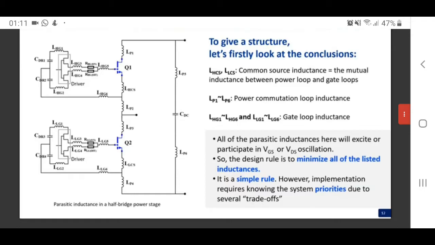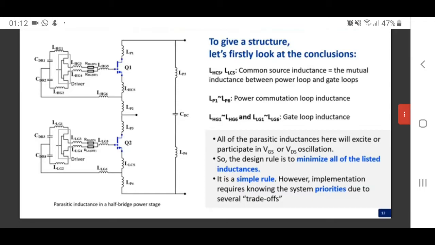The simplest way to describe the effect of the parasitics is that all of the parasitics will excite or participate in the VGS or VDS oscillation. So the design rule can be really simple: just minimize all the listed inductance.